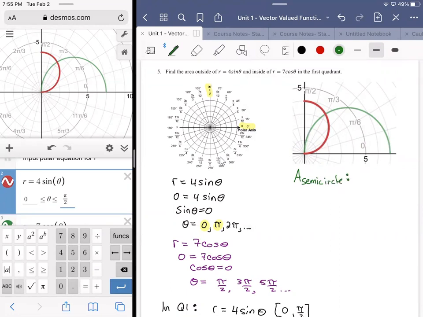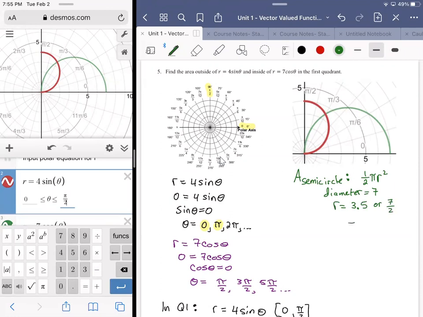Pi r squared is what it ought to be if it were a full circle, so we're going to do 1/2 pi r squared. We know that the diameter is equal to 7, so the radius is equal to 3.5, or 7/2, either way.